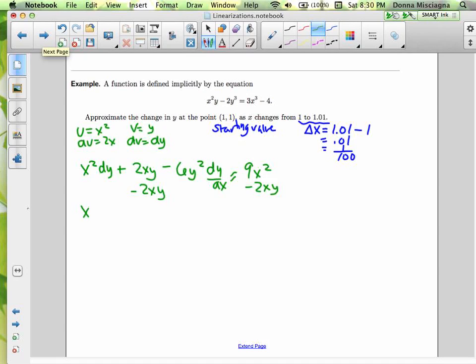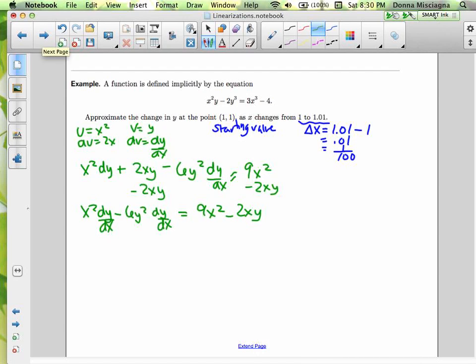So that gives us x squared dy dx minus 6y squared dy dx. Oops, I forgot my x. And then equals 9x squared minus 2xy.